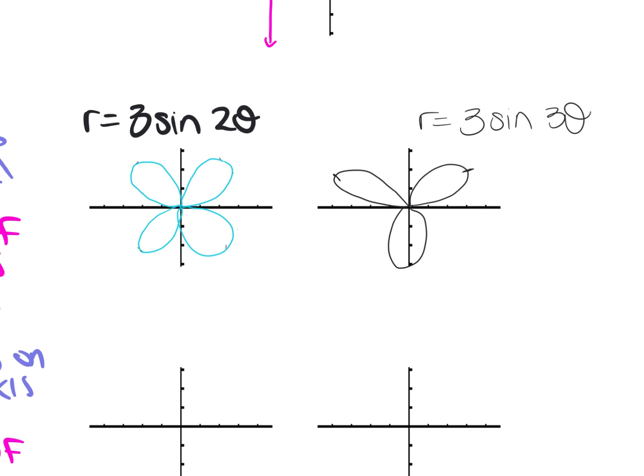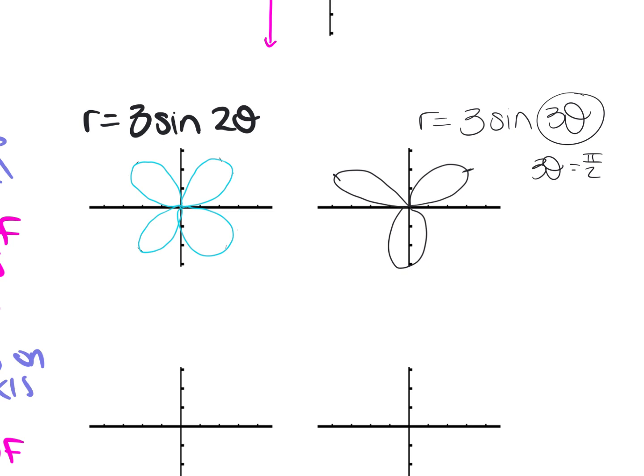Sine is going to be 1 when 3 theta is equal to what radian? Pi over 2, right? Because sine is equal to 1 at pi over 2. So if 3 theta equals pi over 2, what does theta equal? Pi over 6. So I'm going to aim the end of the first petal at about out to pi over 6. Okay? And then I'm going to go evenly from there.